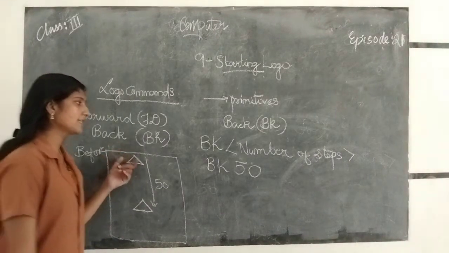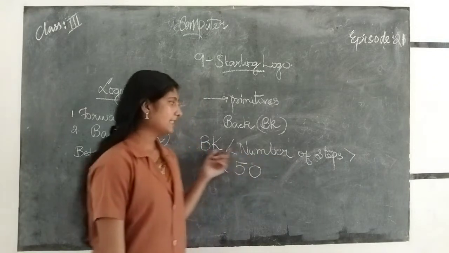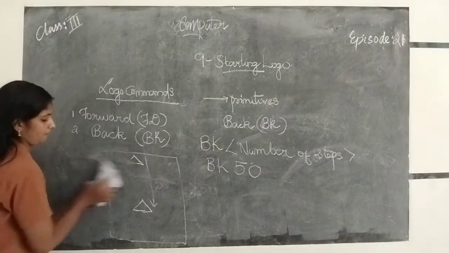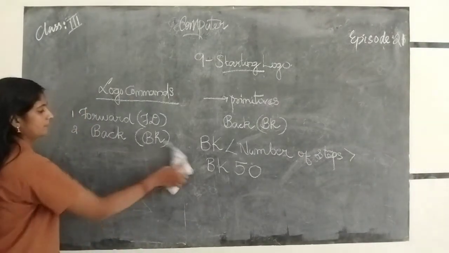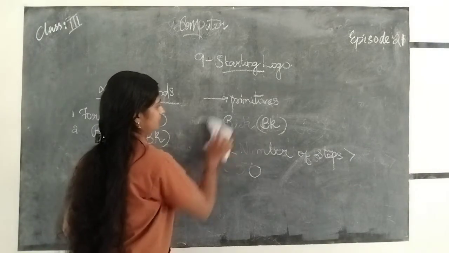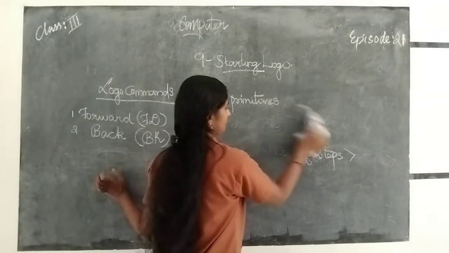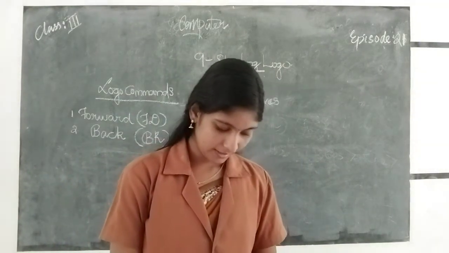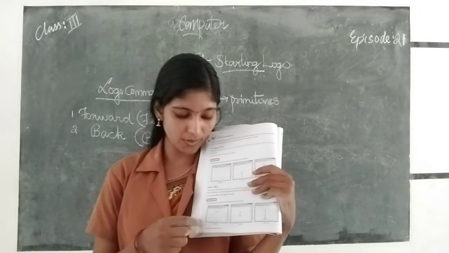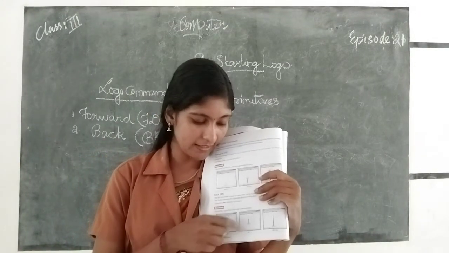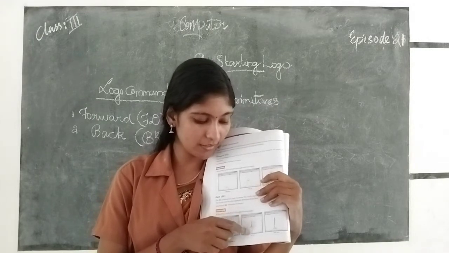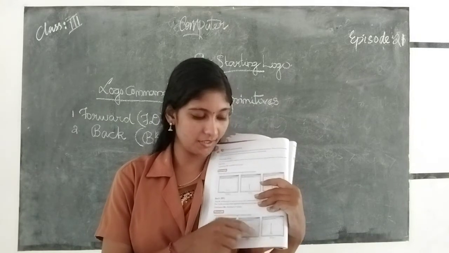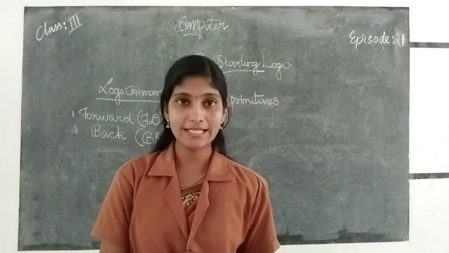The first command syntax is FD number of steps and the second command is BK number of steps. On page number 88 you can see the turtle in this picture moving backward, and this is the picture of BK 100. It moves 100 steps backward.